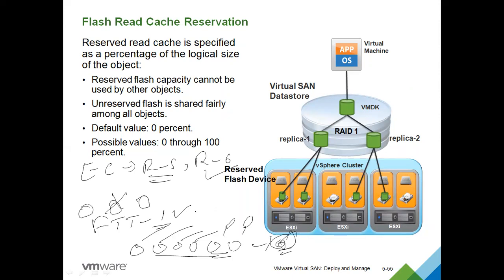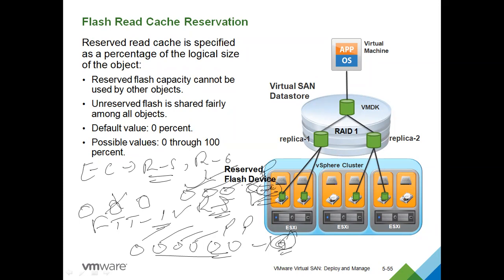And for configuring FTT1 with erasure coding RAID 5, it recommends you to keep 4 for data and parity. In the case of erasure coding, we don't require a separate witness, because my parity works here as a kind of witness for you, right?